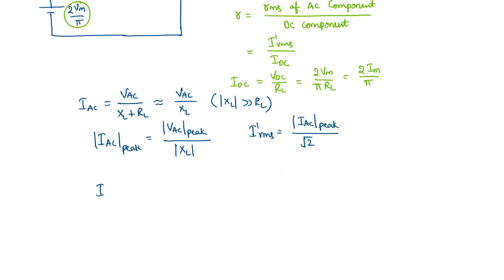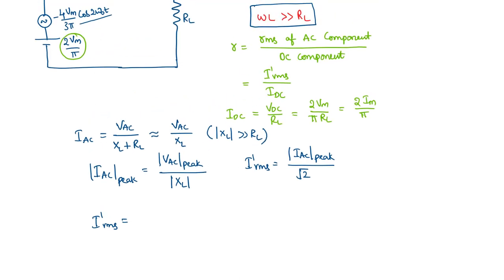Now I dash RMS equals VAC peak over the magnitude of XL, and VAC peak comes from here. Taking the magnitude, we get 4 Vm over 3 pi divided by the magnitude of XL times square root 2.